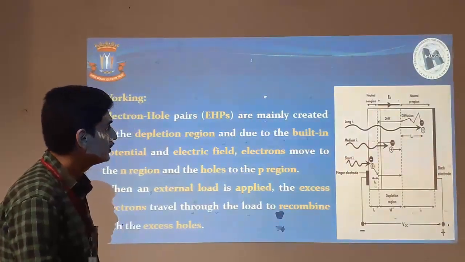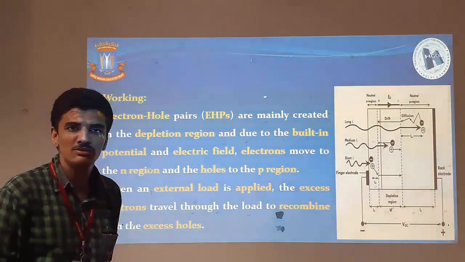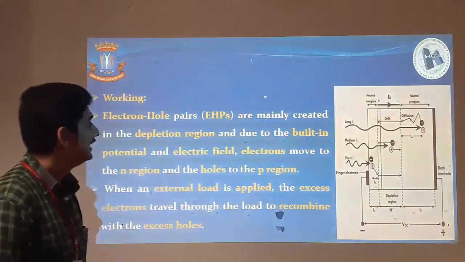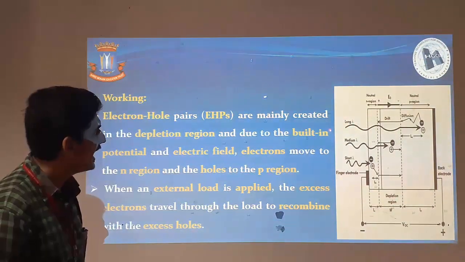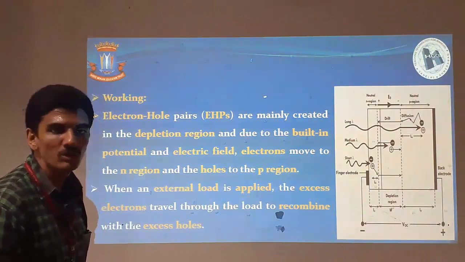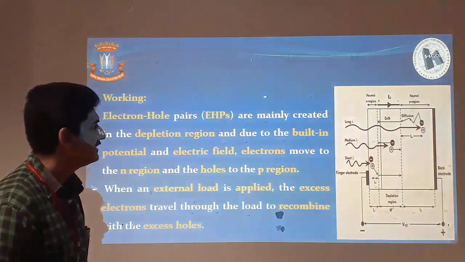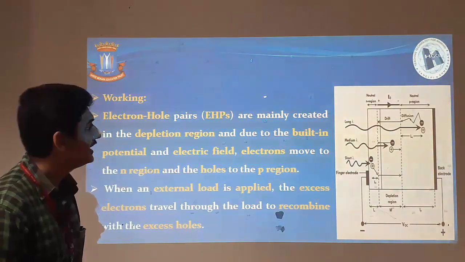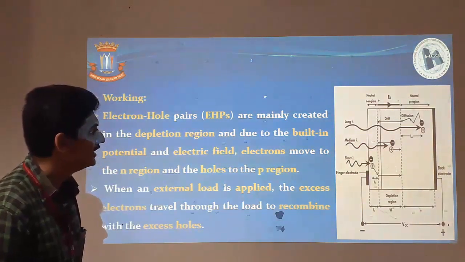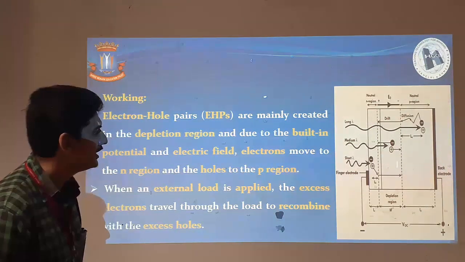So this is the pictorial representation of electron hole pair generation. Here you can see, when there is a long wavelength, it will directly penetrate to the P-type region, the hole region. If there is a medium wavelength, then it will be absorbed in the depletion region. Here you can see there is a depletion region.